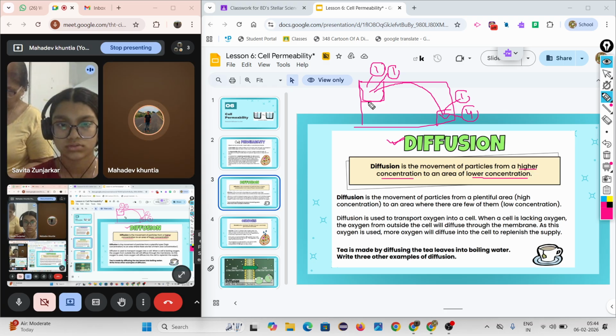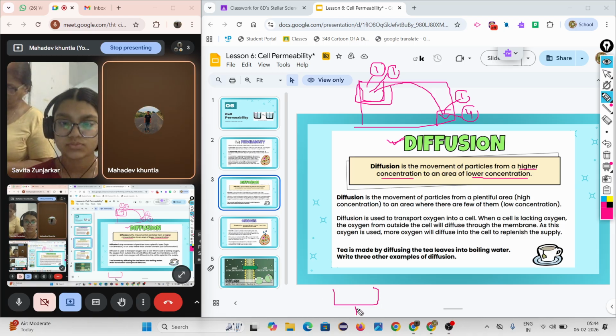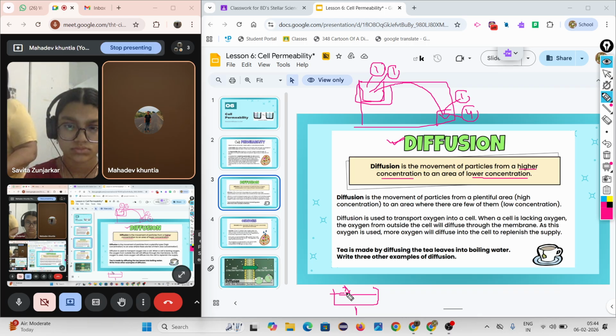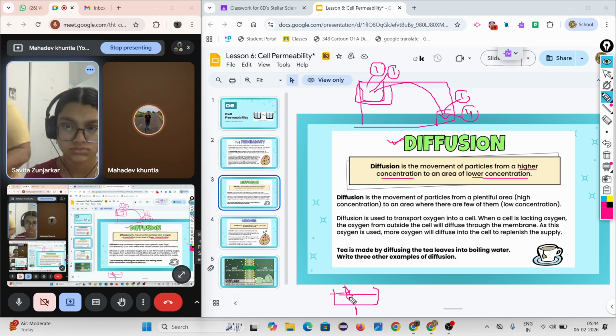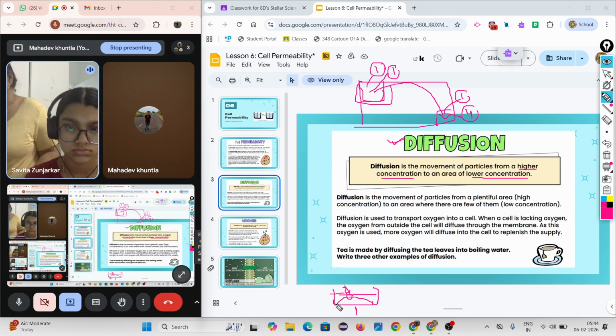High concentration means high amount. Ink also has a high concentration. Suppose I put one drop of ink. In this area, the concentration of ink is high, so it spreads from higher to lower concentration.